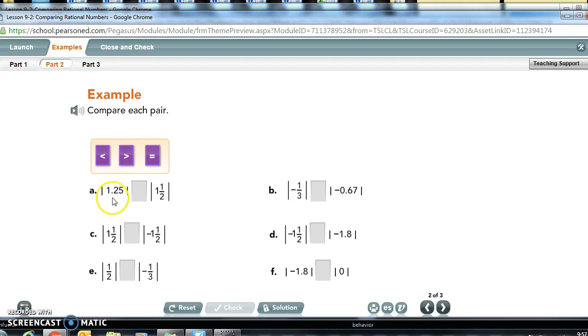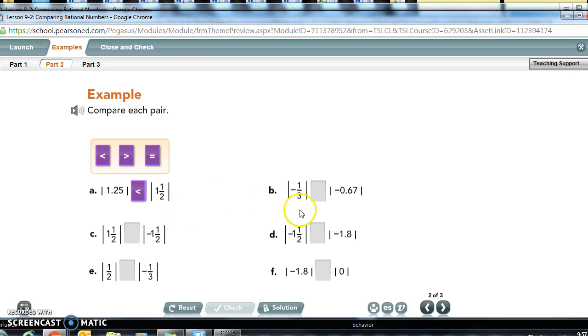The absolute value of 1.25 and the absolute value of 1 1/2, I know that this symbol will go in the blank space. So in your notes, I should see A, the absolute value of 1.25 is less than the absolute value of 1 1/2.